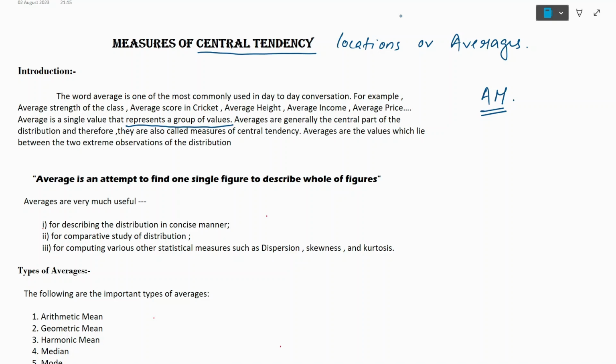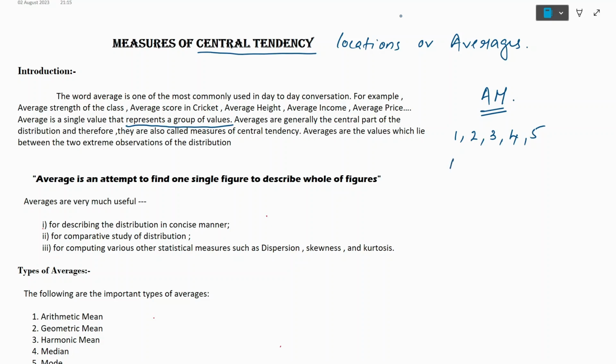Let us consider a few values. I'm going to take the values 1, 2, 3, 4, and 5. I have taken 5 values. How do you find the average of these numbers? It is very simple. We add all these numbers and divide by the number of values.